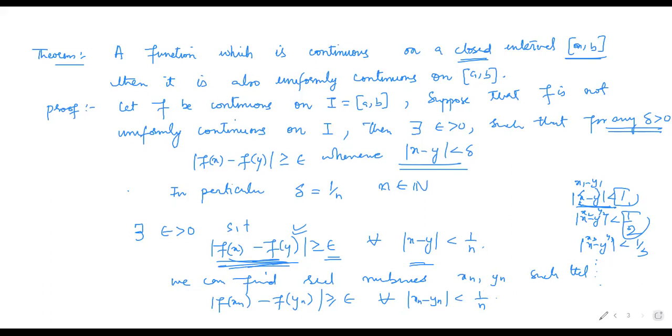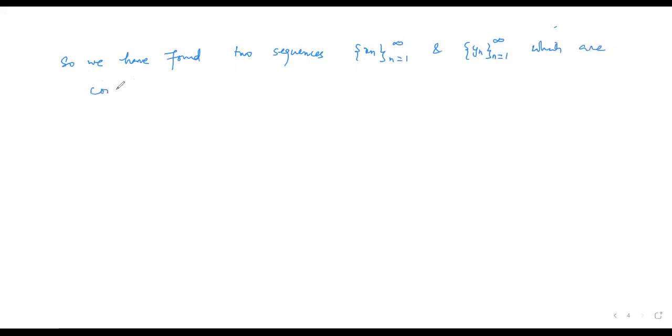In this way, we have found two sequences x_n, with n running from 1 to infinity, and y_n, with n running from 1 to infinity, which are contained in the domain, of course, contained in I equal to [a, b], such that the modulus of f(x_n) - f(y_n) is bigger than or equal to epsilon for all n belonging to the set of natural numbers.